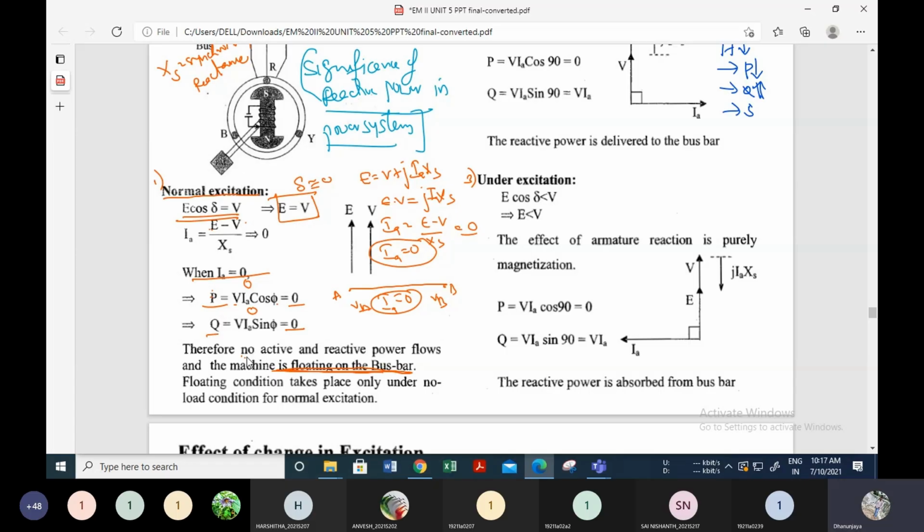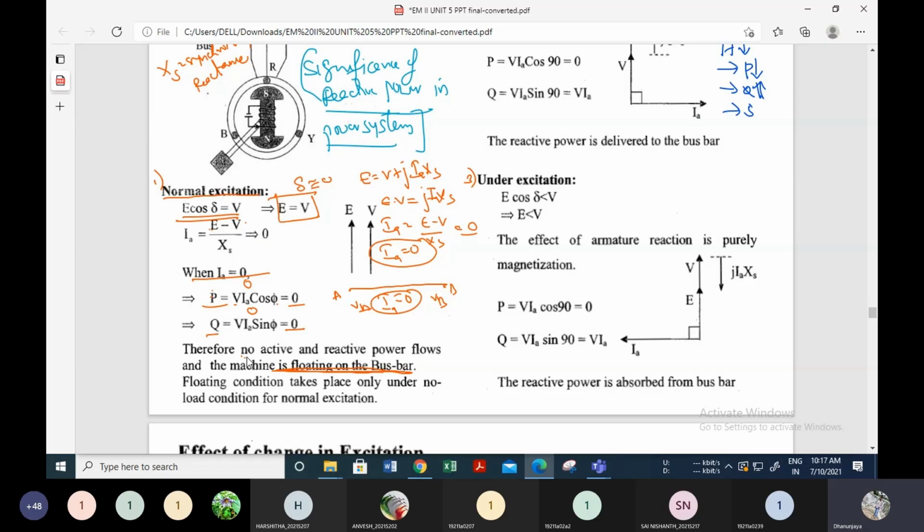If I substitute P equal to VI cos phi, what is the phi value here? Phi is equal to 90 degrees, cos 90 is 0, so the active power will be 0. And sin 90 is 1, so reactive power will be maximum. Here I can say that under the overexcitation, only reactive power is delivered to the bus bar.